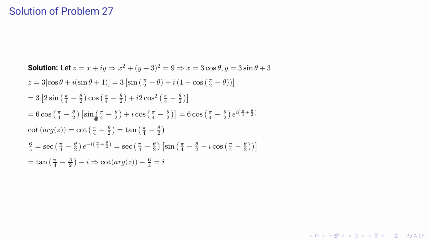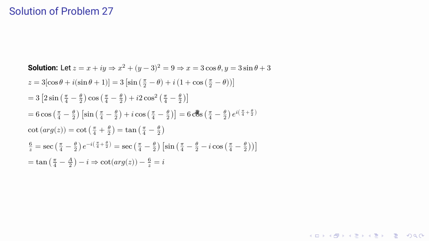So this will become sin(pi by 4 minus theta by 2) plus i cos(pi by 4 minus theta by 2). This can be written as cos(pi by 2 minus pi by 4 minus theta by 2), which will become cos(pi by 4 plus theta by 2). And this will become similarly sin(pi by 4 plus theta by 2).